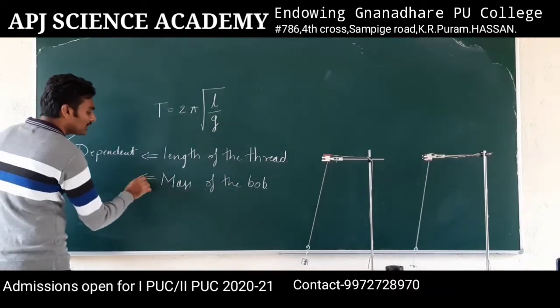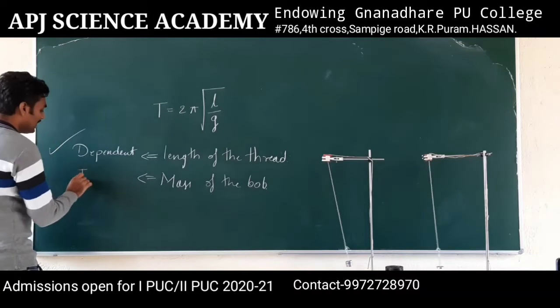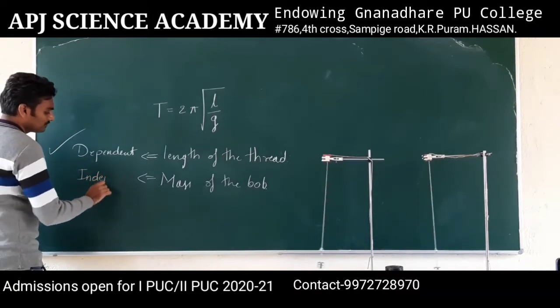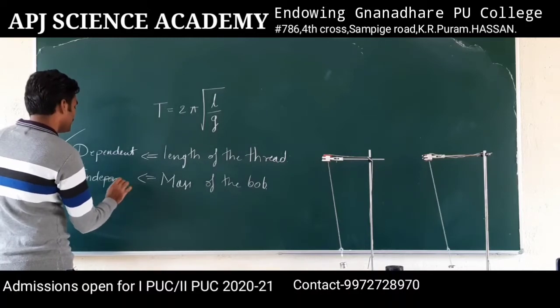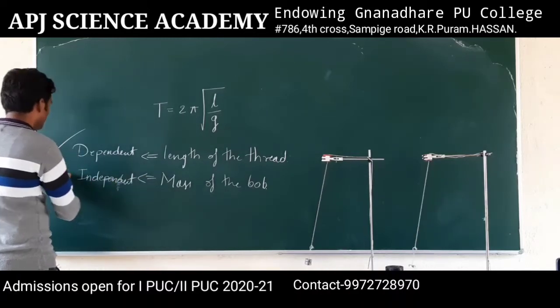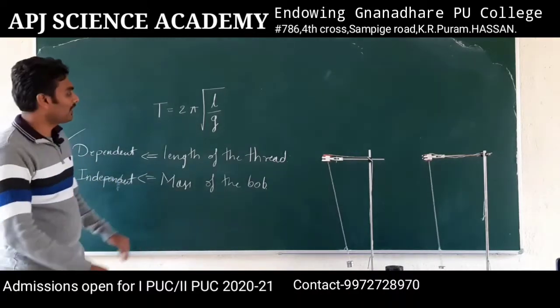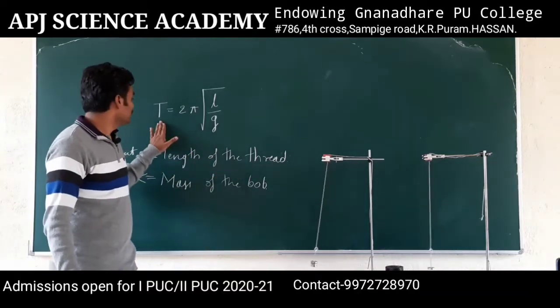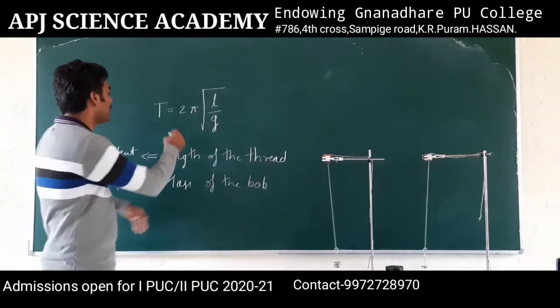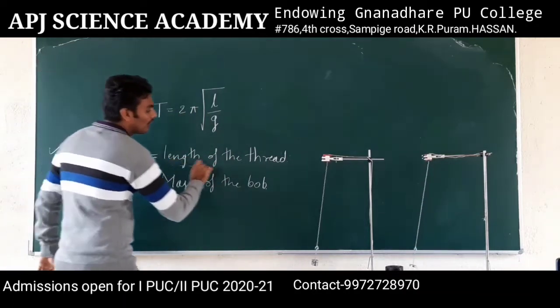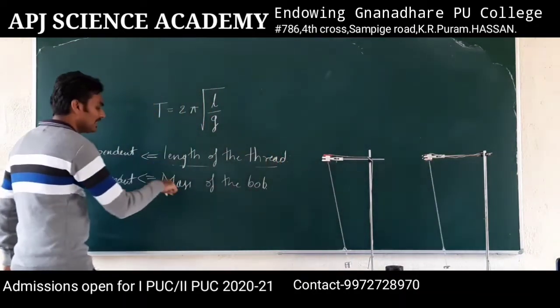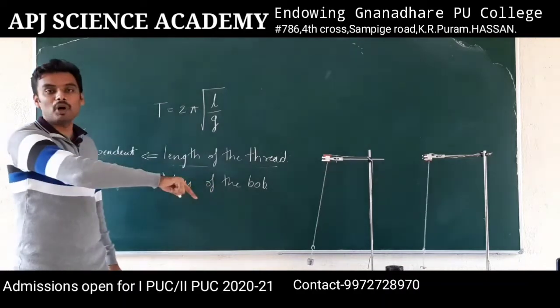So the mass of the bob is independent. I can say the time period of the oscillation is dependent on the length of the thread and it is independent of the mass of the bob.